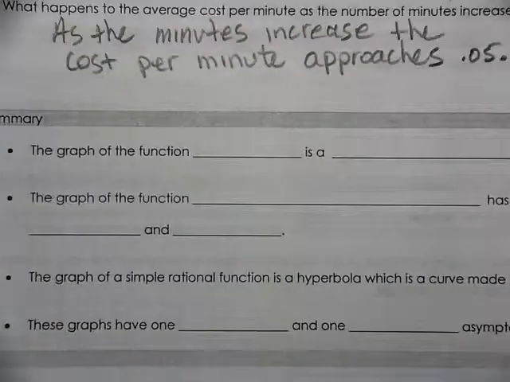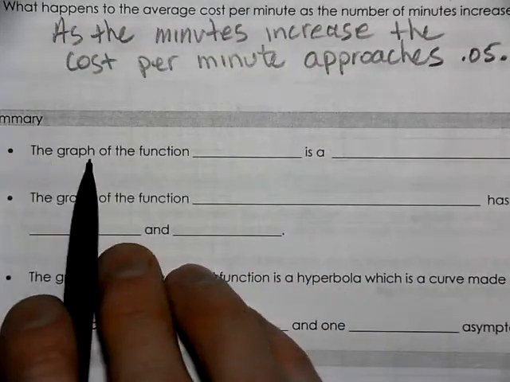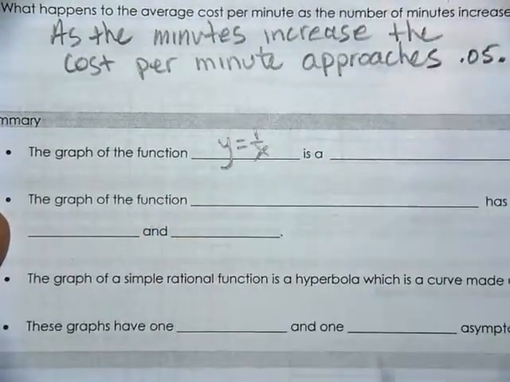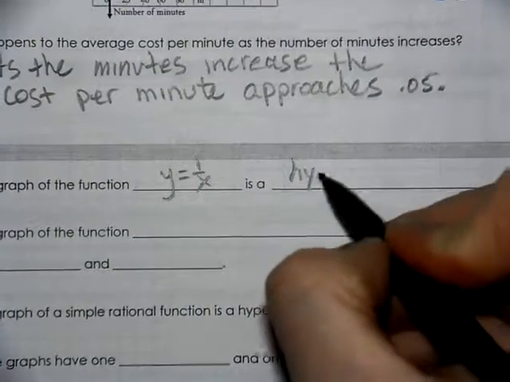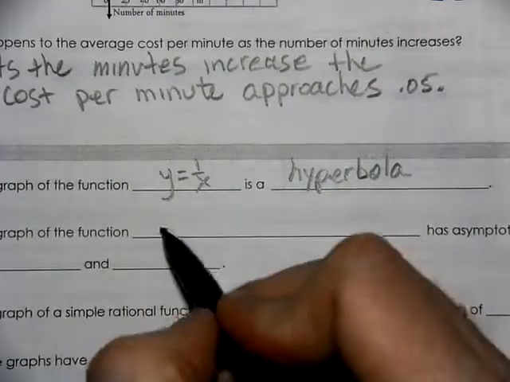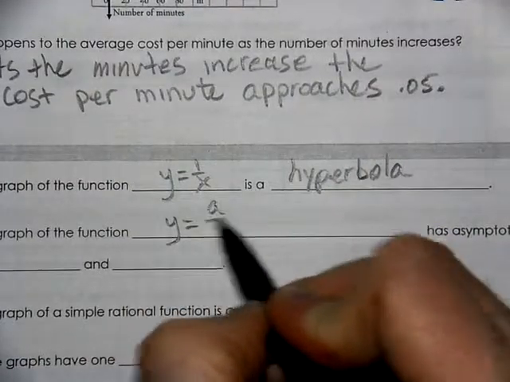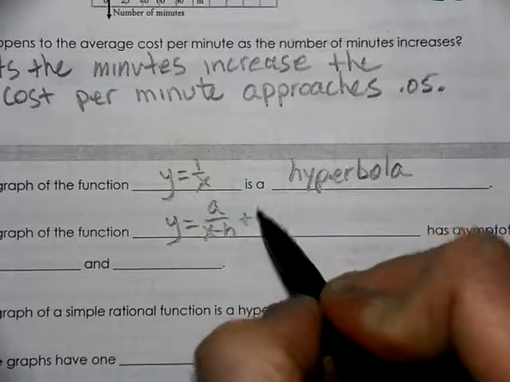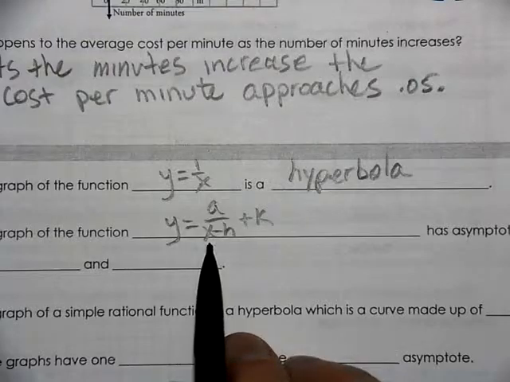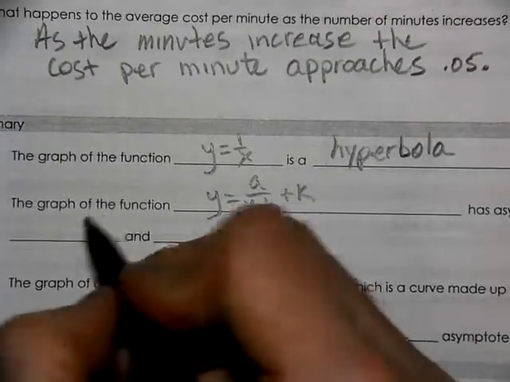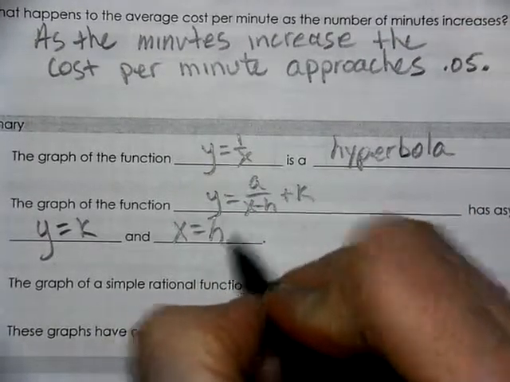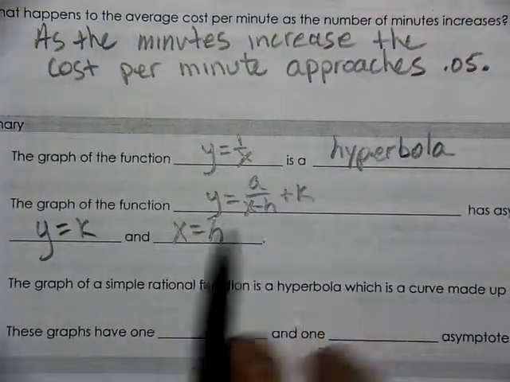In summary, the graph of the function y equals 1 over x is a hyperbola. The graph of the function y equals a over x minus h plus k, this is our rational equation that's been translated, has asymptotes at y equals k and x equals h, very similarly to what we've done all year.